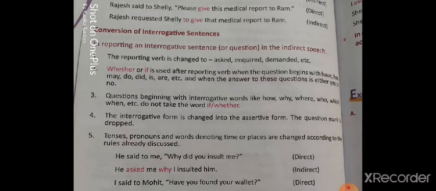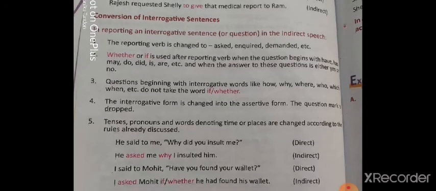The interrogative form is changed into assertive form. The question mark is dropped. So whenever we are changing an interrogative sentence into indirect speech, we don't write it in the interrogative form. We write it in the assertive form. So in an assertive sentence, there is no question mark, only a full stop.